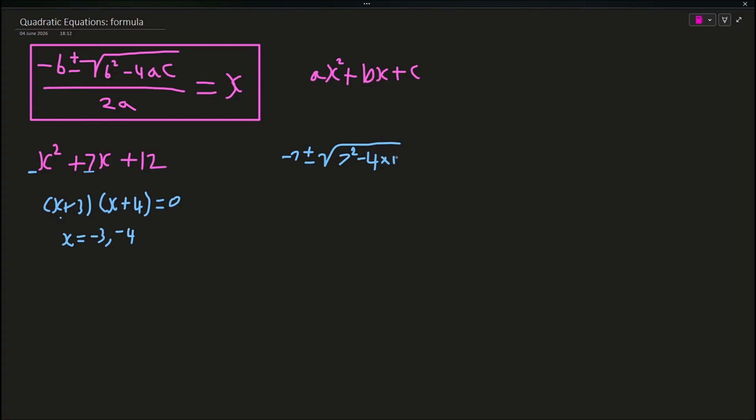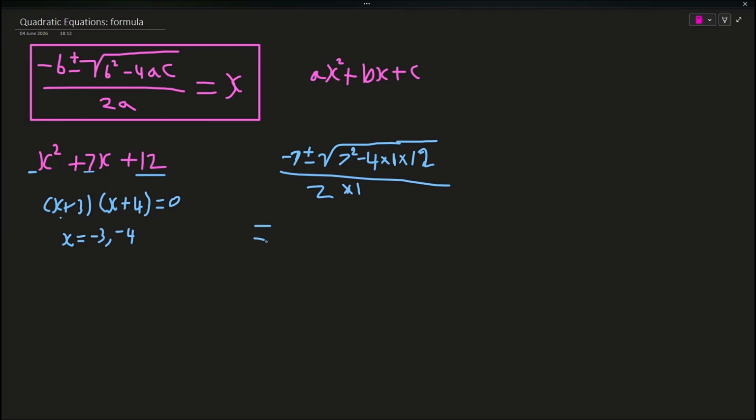But you just don't write it because it's not really necessary to write 1 in front of the x. And so the next one we have to identify is c, which is the last number, which is 12. And all that is over 2 times a, which is 1.